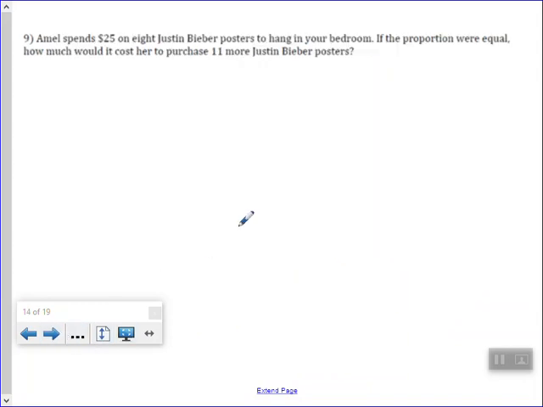And then the last one. Emma spent $25 on 8 posters to hang in her bedroom. If the proportion were equal, how much would it cost her to purchase 11 more posters? Again, numerator is amount of money and denominator is number of posters.